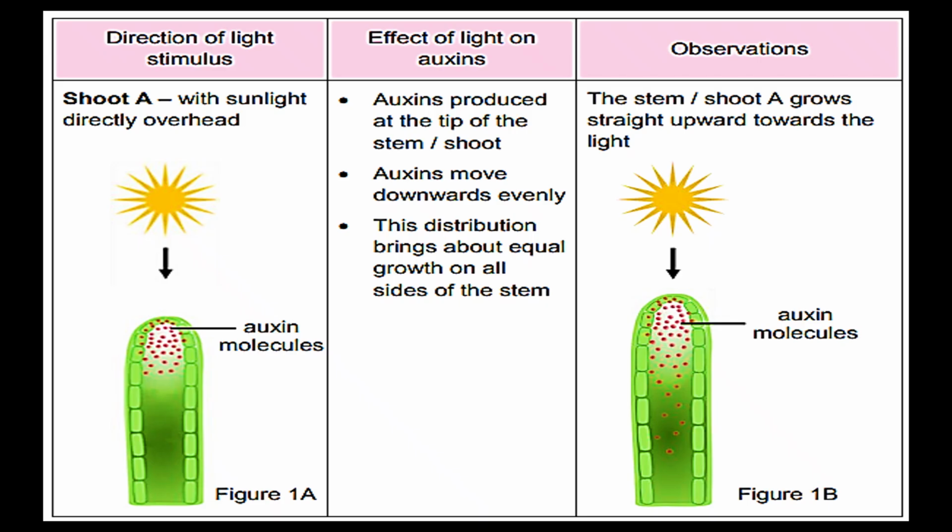You have to know auxins stimulate growth. More auxins means more growth. So as the auxins flow down, there will be more auxins here than at the tip. And they will keep on moving down because of the sunlight. And as they flow down, where they find themselves in large quantity, they will cause that part to grow larger and longer.